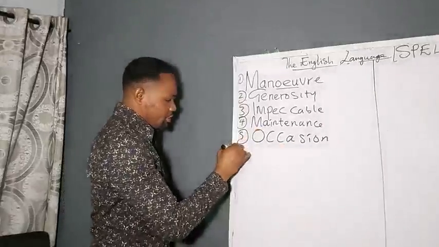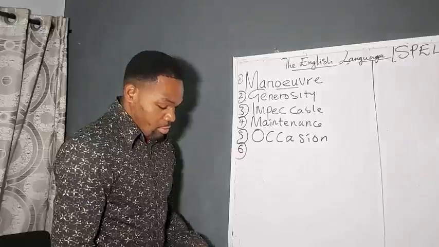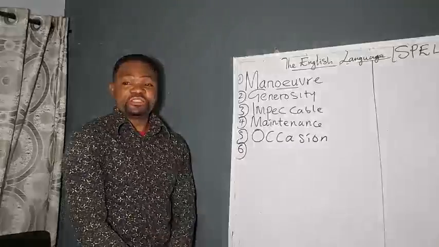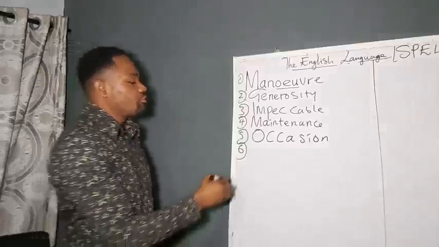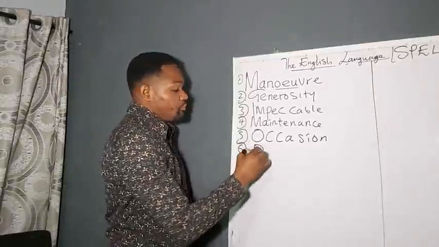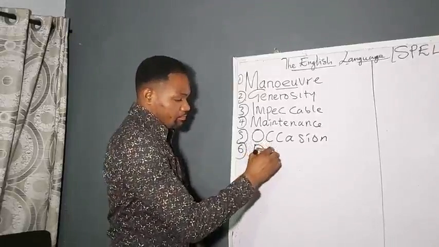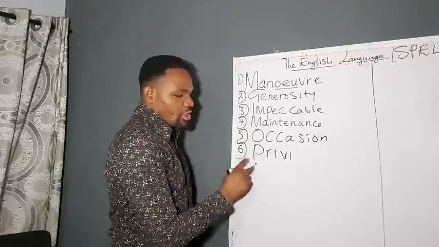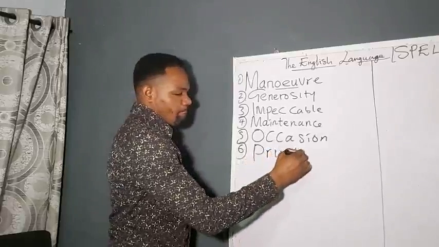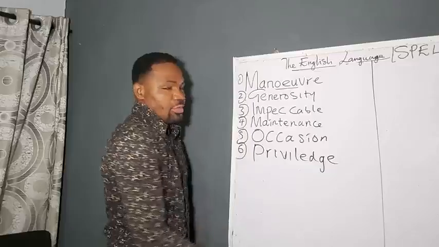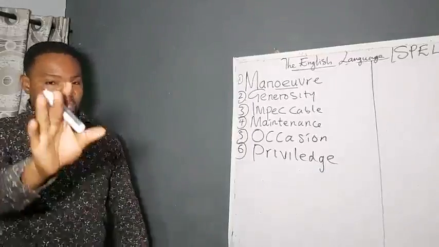So the next one is privilege. How do you spell it at home? Do you spell this way? No. It's going to be an I. Please don't mark yet.